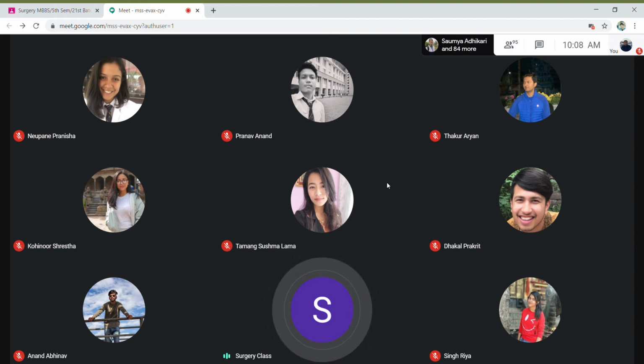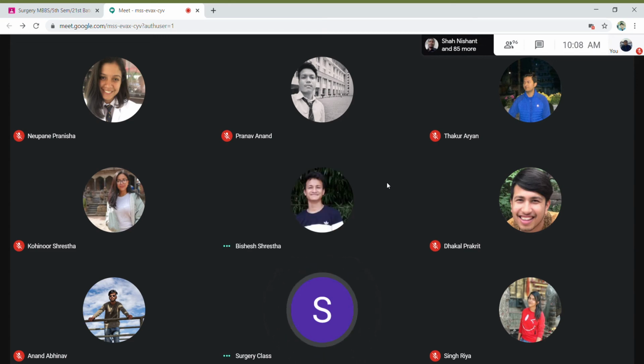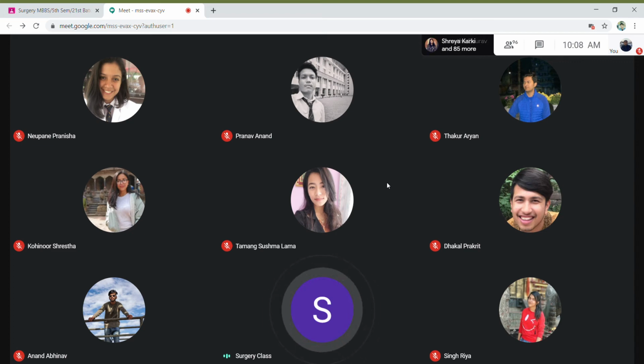So that part of the ileum has got a narrow lumen. So this stone can get obstructed in that particular part of the ileum, causing small bowel obstruction. That is known as gallstone ileus. Okay? So these are the various complications.